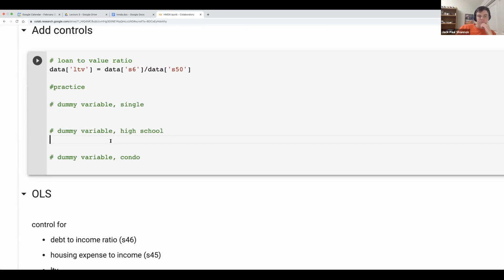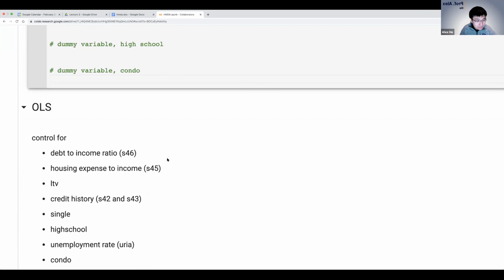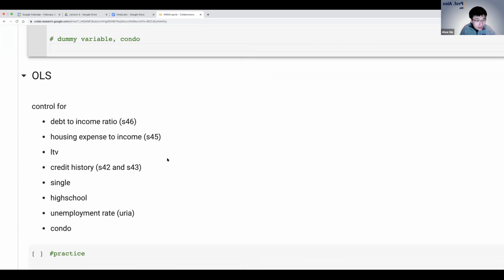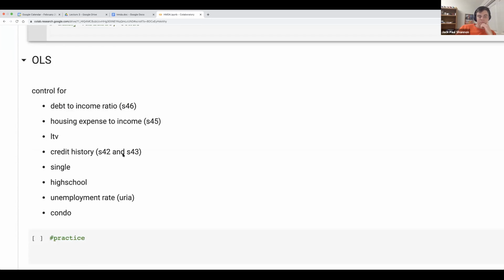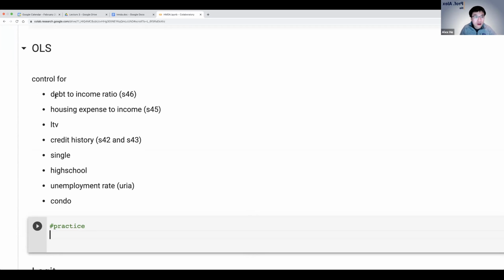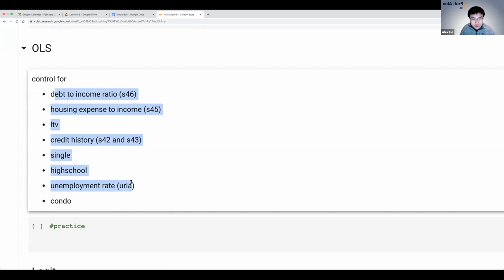The second is whether they go to high school. And the third one is whether they live in a condo or a house, okay? And there are a few others. And then next, let's just run an OLS regression with all of these additional control variables and see if the coefficient changes.